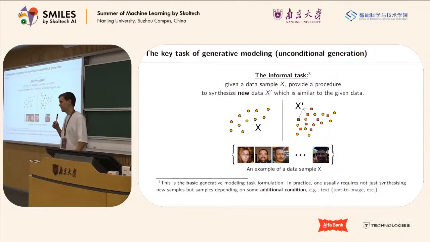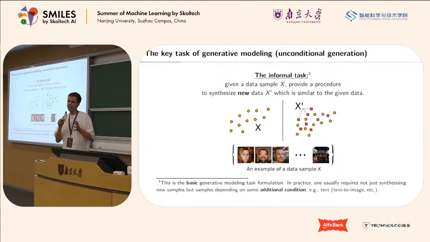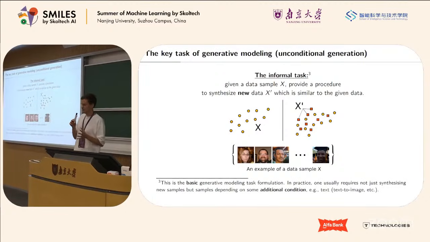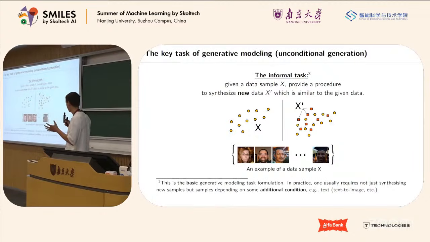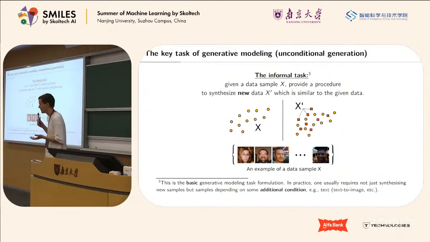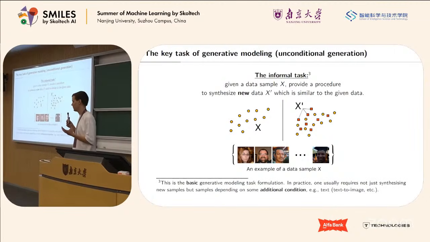But even before this discussion, first let me try to formalize a little bit the actual problem that we're going to discuss today. Because I'm talking to you and saying that, okay, we're going to discuss the data generation problem. But what is this problem? How to formalize it in terms of math, in terms of machine learning, and what we are going to achieve by solving this problem.